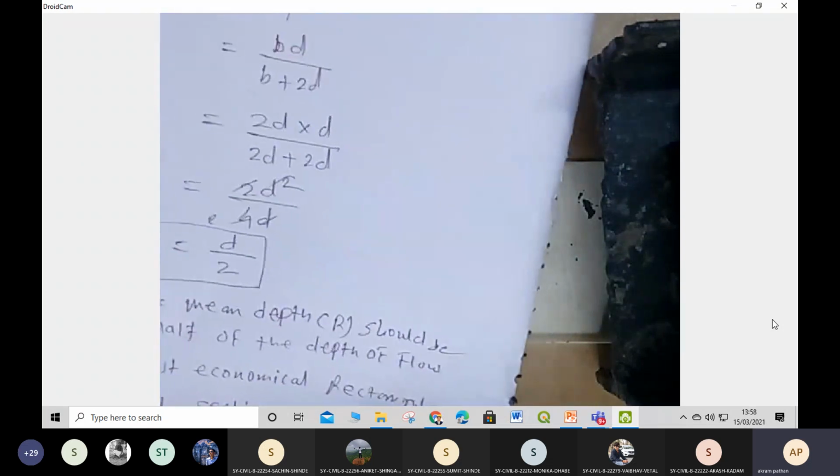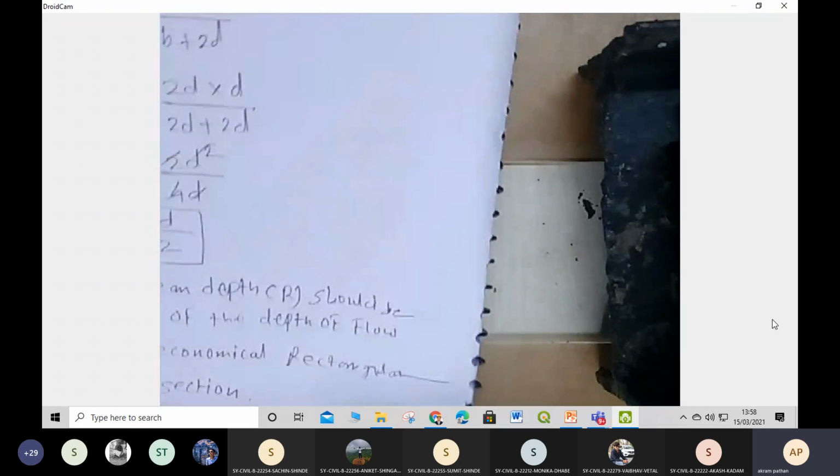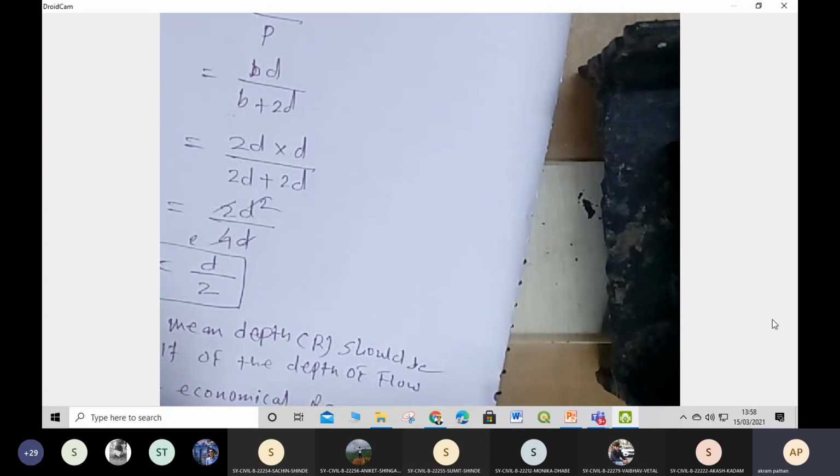So this is a very simple derivation for the rectangular channel sections.